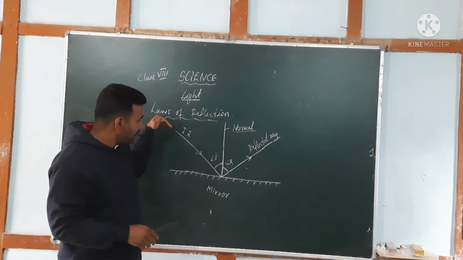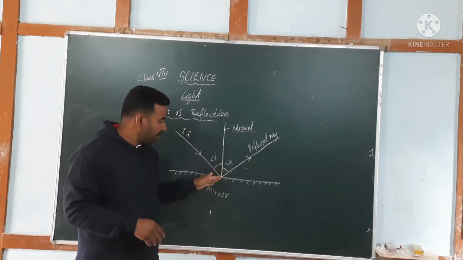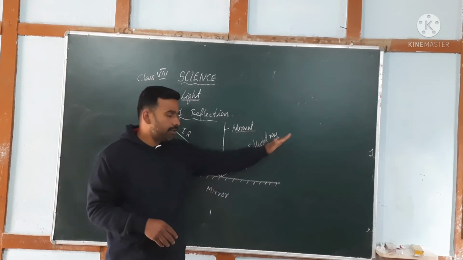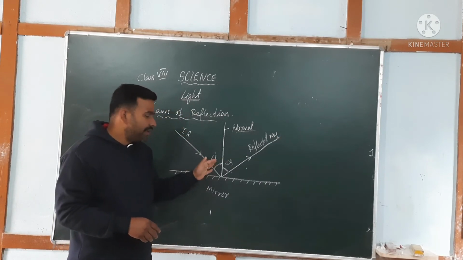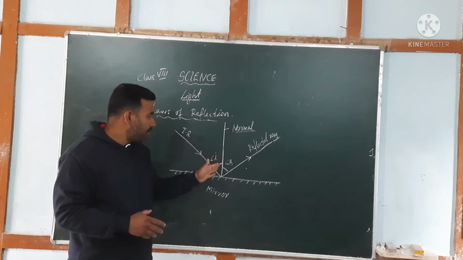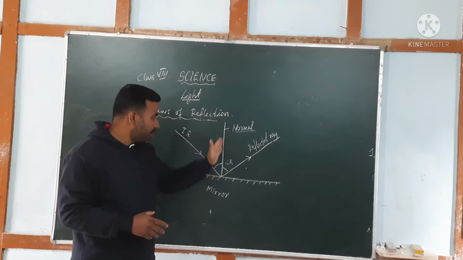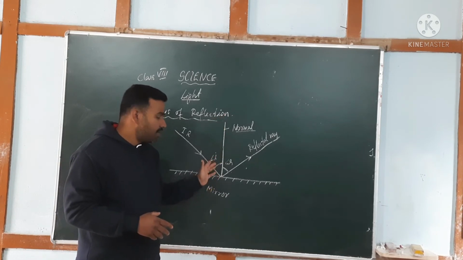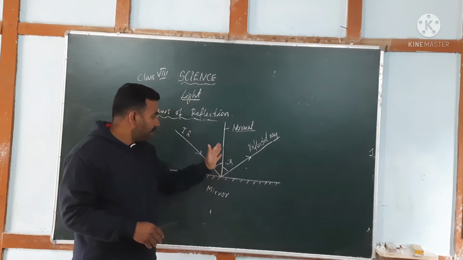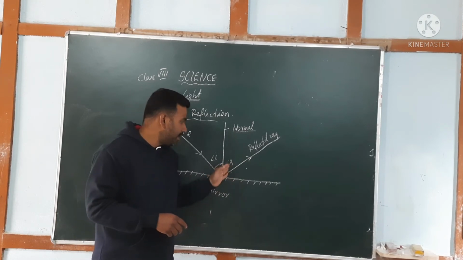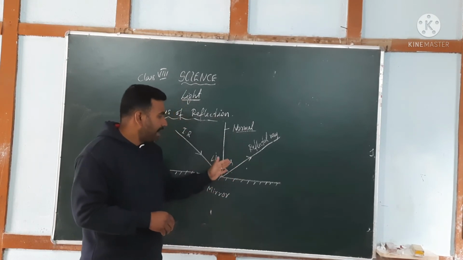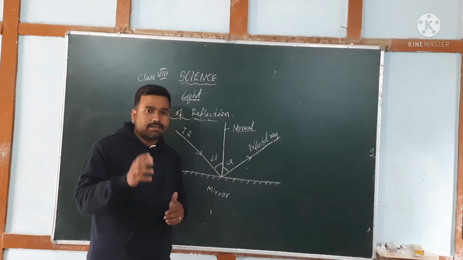Earlier the light ray was traveling in this direction, and after striking the mirror, it changed into another direction. The angle formed between the incident ray and the normal is called the angle of incidence. And the angle formed between the normal and the reflected ray is called the angle of reflection, or angle r. These two angles will be equal in all cases.